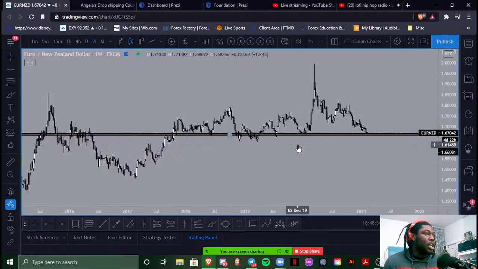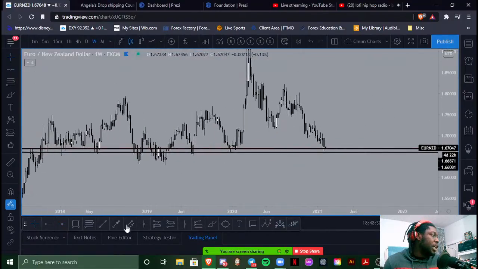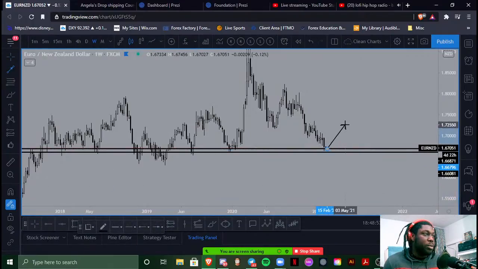There's only two options I can see on EURNZD. It's either price takes off from right here. It could consolidate here for a week, 2 weeks, 3 weeks, whatever. But all I really see is price pushing to the upside, at least up to 1.73218.